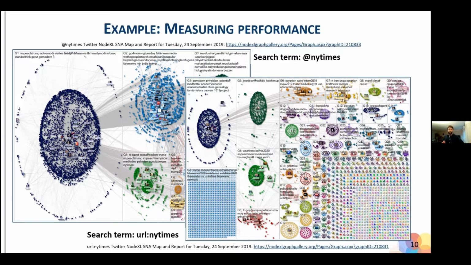But we can also look at the URLs that have been shared from the New York Times, so not from the main account itself. When people are sharing stories that they are interested in, they put in a URL, and then we get a different view on the data. So you see the different discussions about different articles on the right side.